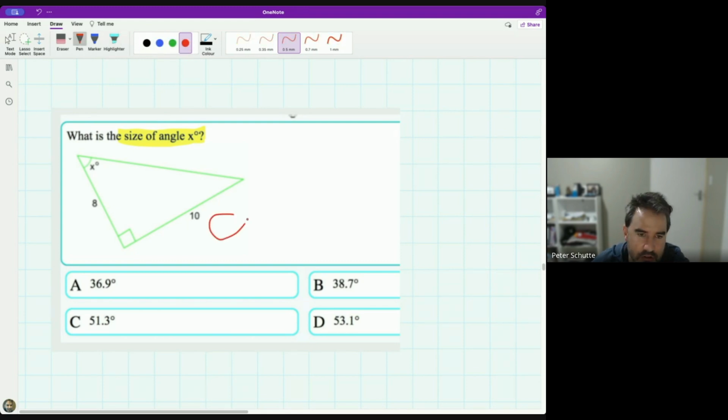I first have to get my directions. So that's O, that's H, and that's A.